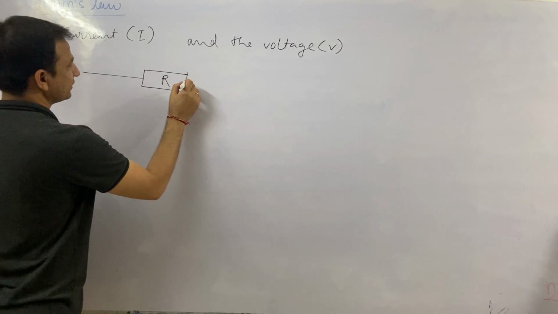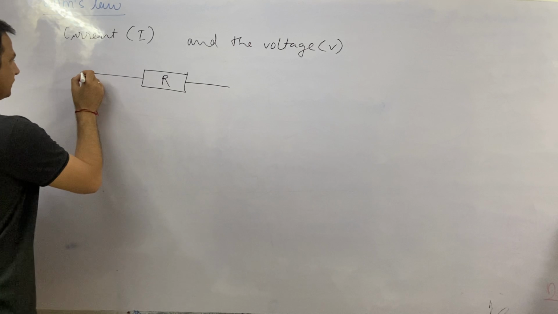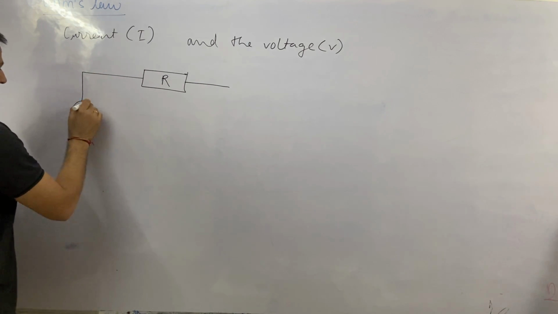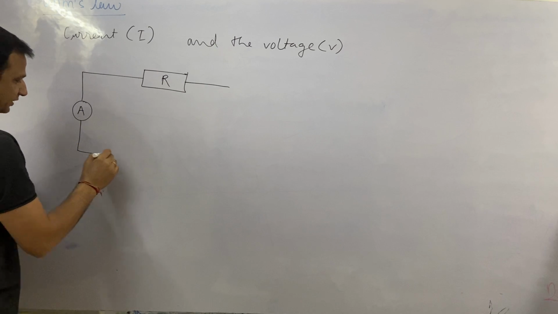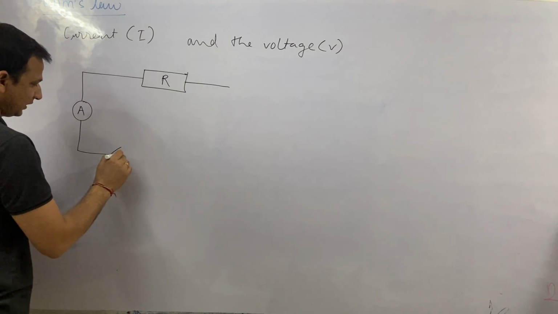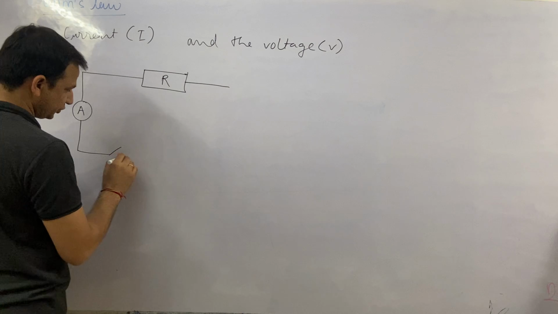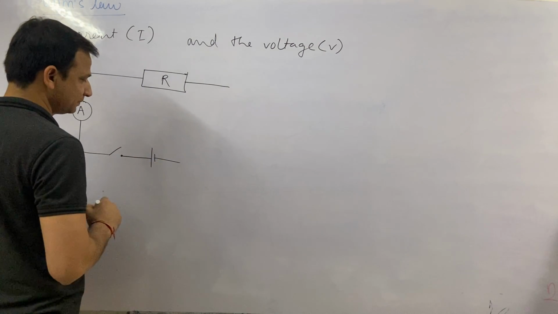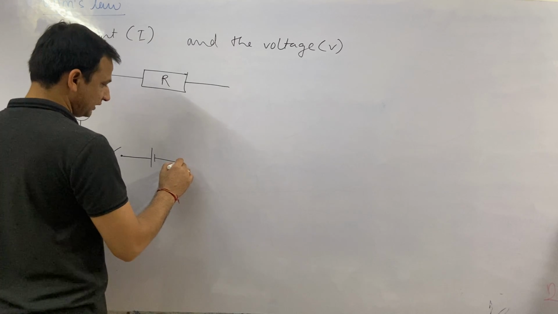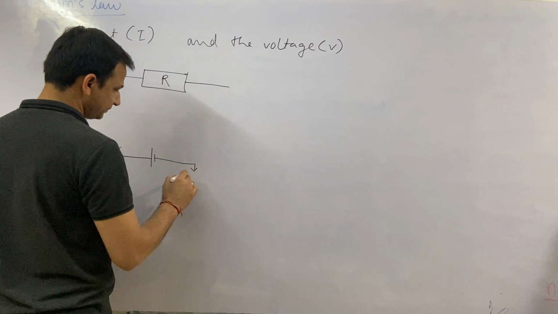This is a resistor and here is an ammeter. This ammeter is connected with a switch. This is the power supply and here is a rheostat.